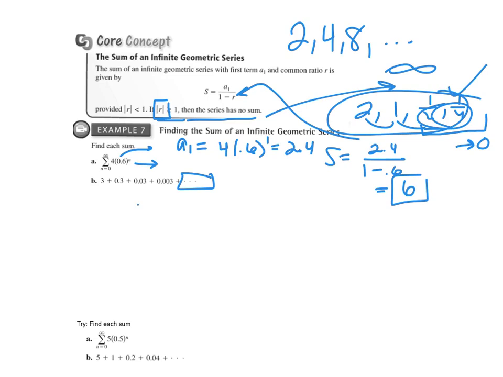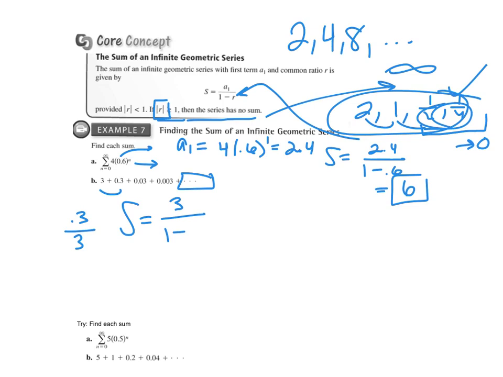If you plug in, you get S equals, the first term is 3, and then I can do 1 minus my ratio. So I just need my ratio here. Remember, you have to figure out what you're multiplying by. If you can't see it very clearly, divide your second term by your first. That's the same thing as thinking about what am I multiplying by.